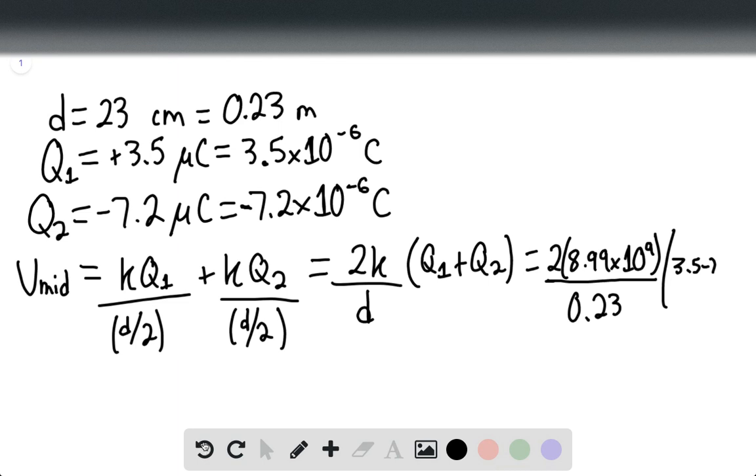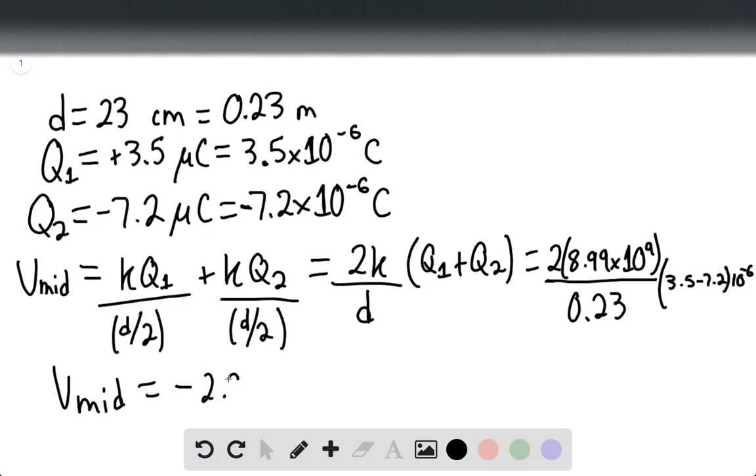Again, 0.23, and then we'll have, as tiny as I can write it, minus 7.2 times 10 to the negative 6th. So at this point, we can say that the V mid is going to be equal to negative 2.9 times 10 to the 5th volts.